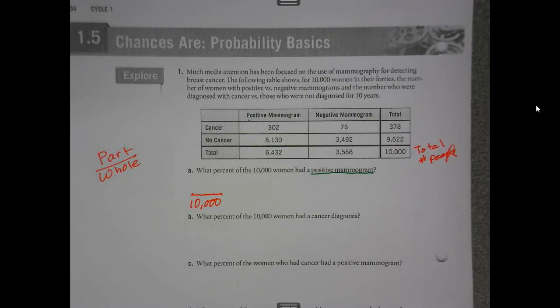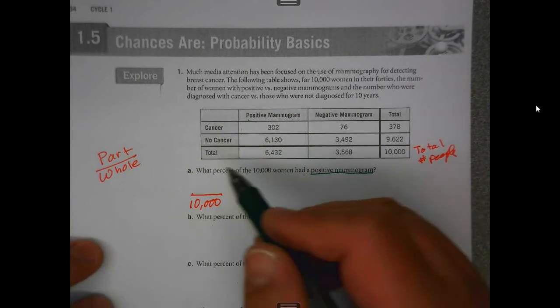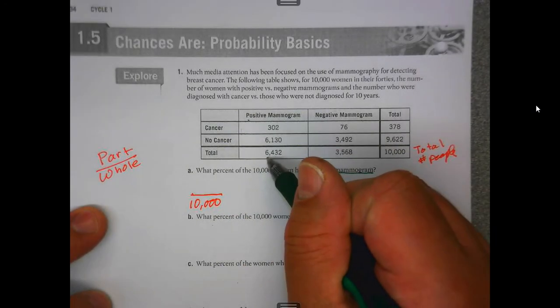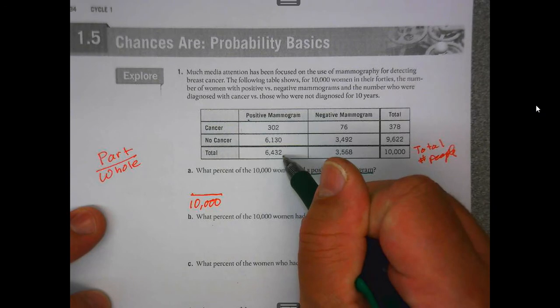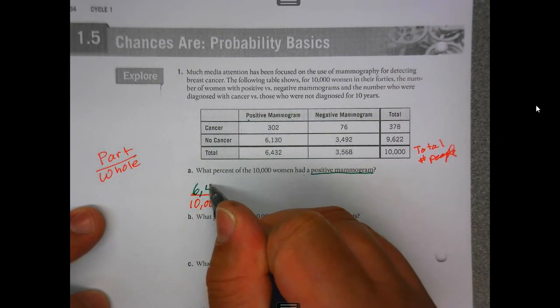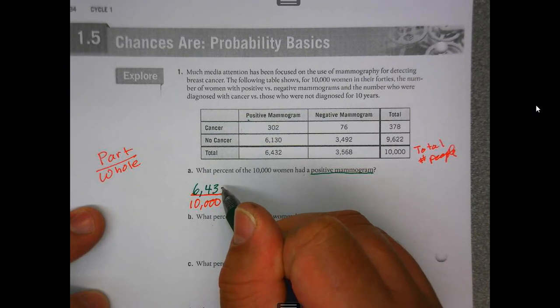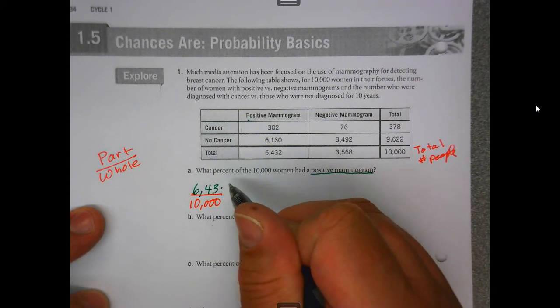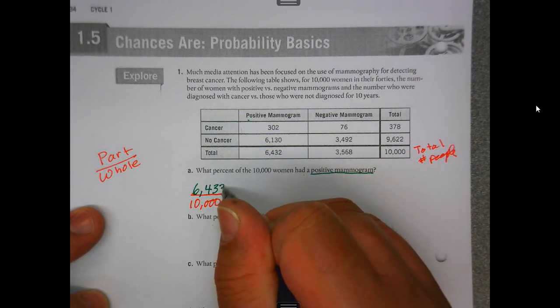The number of women that had a positive would be the total number of positive mammograms, which is going to be our 6,432, because that's the total positive mammogram.